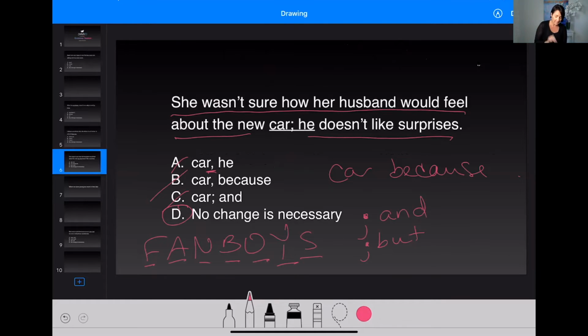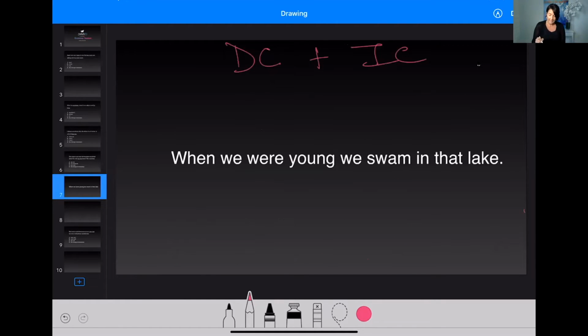So identifying independent clauses is very important. In this case, we swam in the lake is an independent clause. We is the subject, swam in the lake is the predicate.